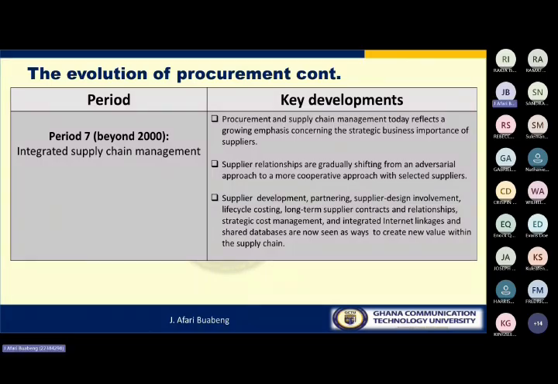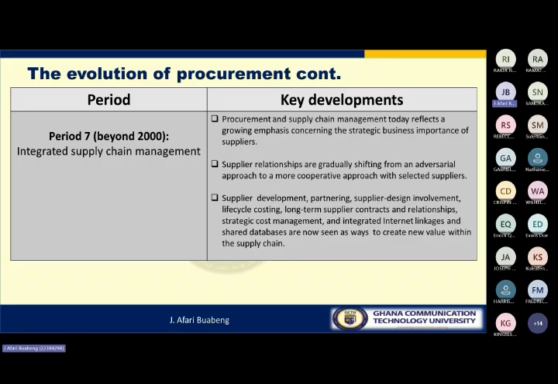So traditionally, once we talk about procurement, the focus was on the immediate supplier and then the immediate buyer. That was the focus. We are only interested in where we are getting our sources of supplies from. Okay, that is the immediate ones. But the moment we entered period number 7, we said, no, we can't just focus on our immediate suppliers or immediate buyers.